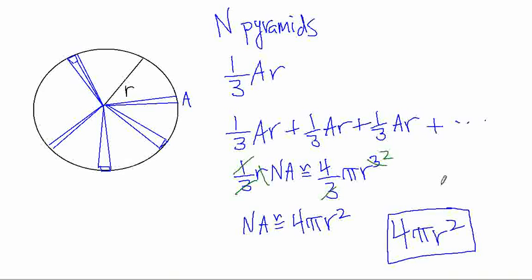Now I would like to do some examples using these formulas. Let's find the volume and surface area of a sphere with a radius of 2 feet.